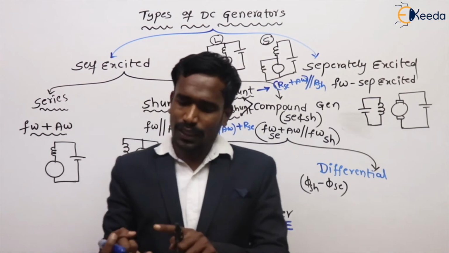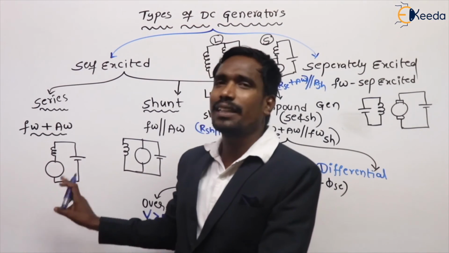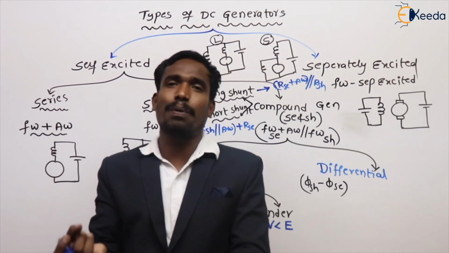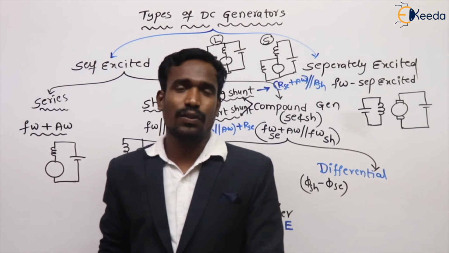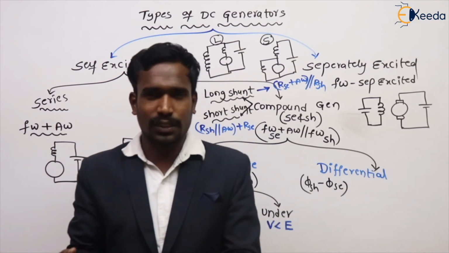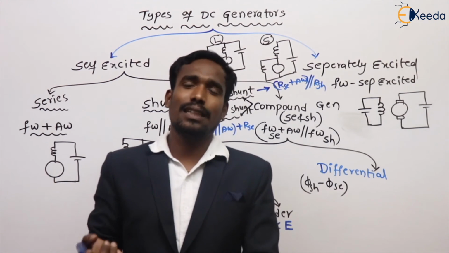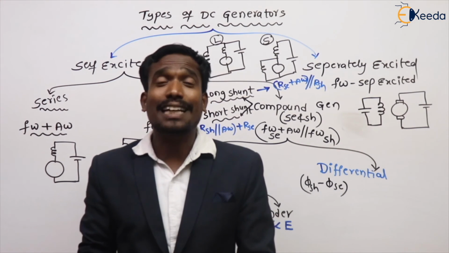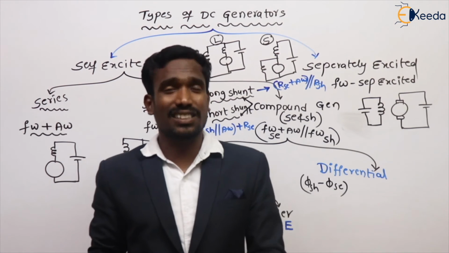We have to see the neat diagram, and what are the current equations, voltage equation and power equation. For each generator, diagram first of all. Next, mathematics, nothing but equations. And next, graphs, characteristics.